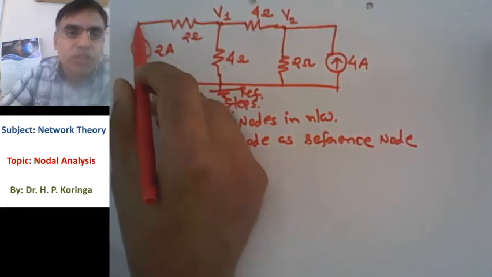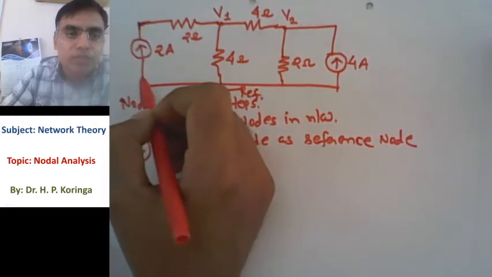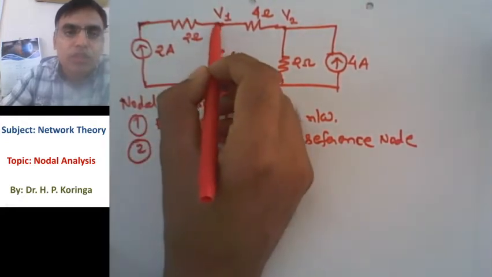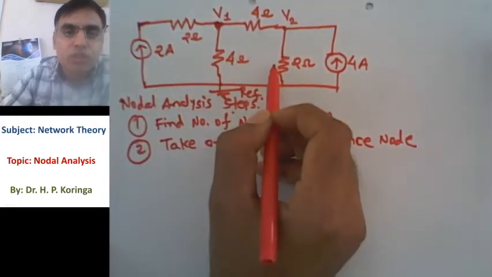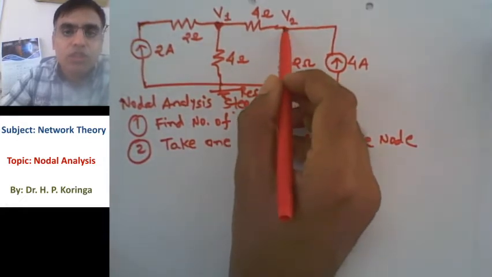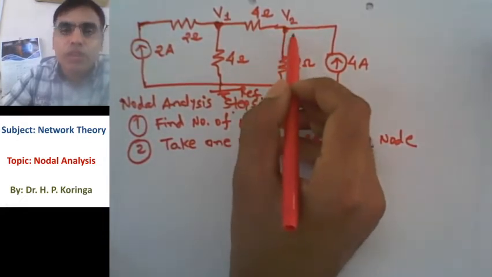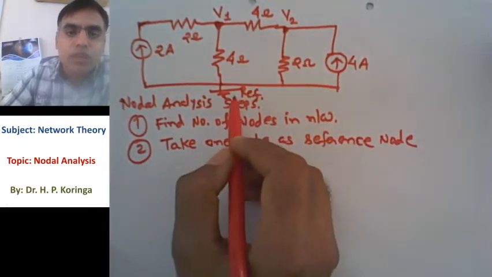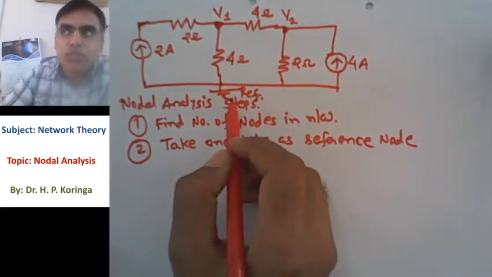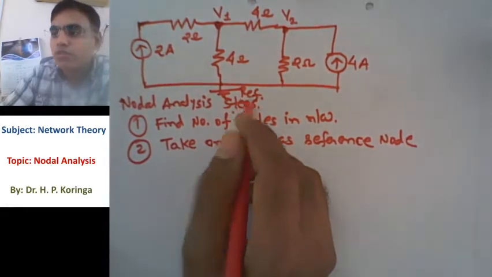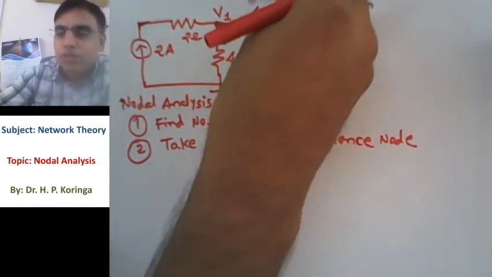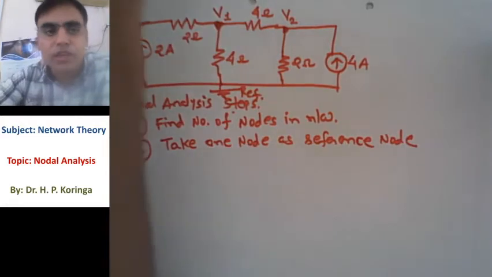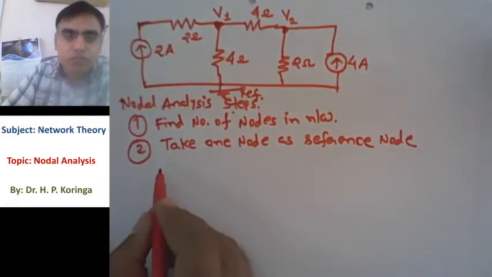Here is one node where more than two terminals are connected, and one node here where again more than two terminals are connected. So V1 and V2 are the two nodes other than this reference. So these are the two unknown nodes, V1 and V2.